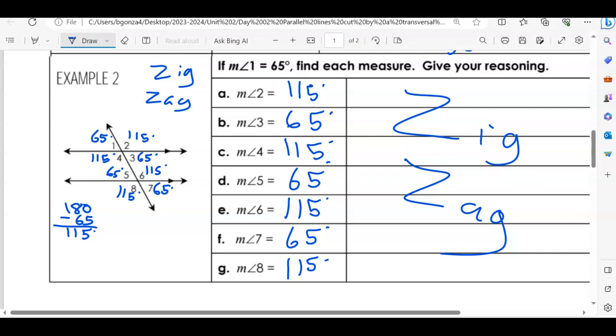Starting. Can you do a zigzag problem in 2 minutes starting now? Go.